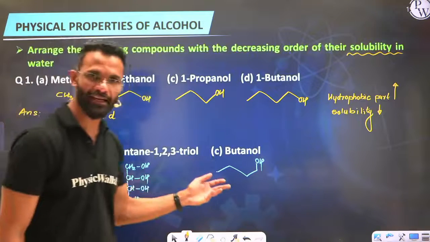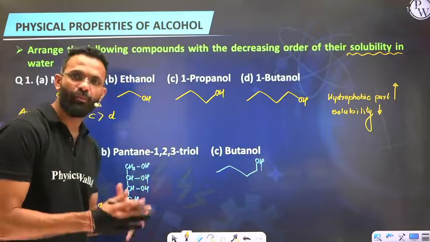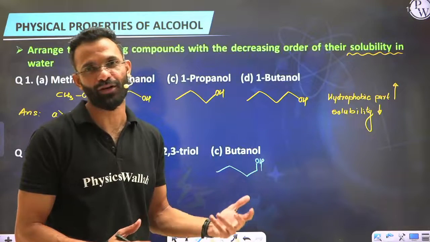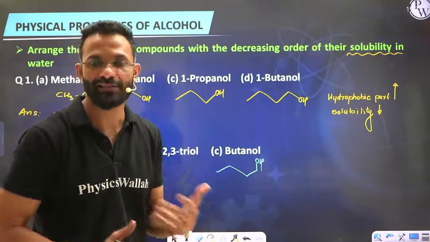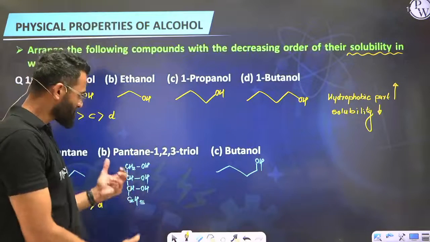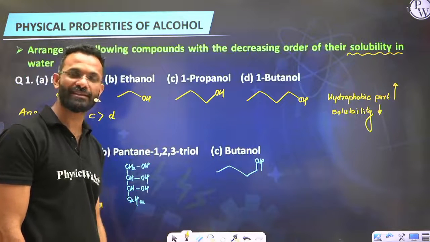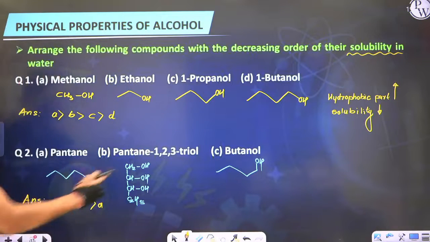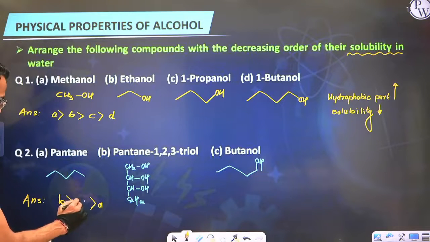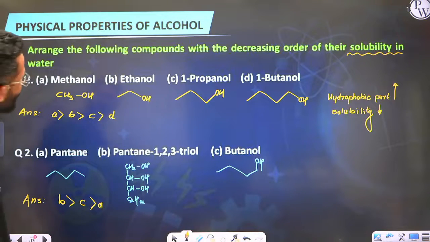Between B and C, clearly, since in C we have got 1 OH and in B we have got 3 OH, the more the number of OHs, the more the scope to form intermolecular hydrogen bonding with water, hence solvation will be greater due to more number of OHs. So pentane-1,2,3-triol will have more hydrogen bonding tendency and solubility will be the most, hence B will be the most soluble and the least is A. C will have intermediate solubility, of course, as compared to B and A.